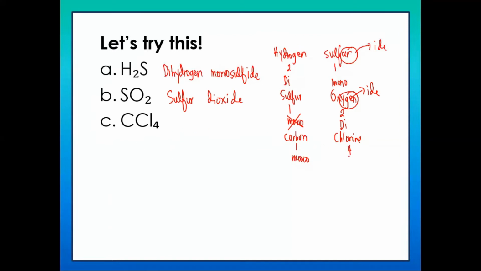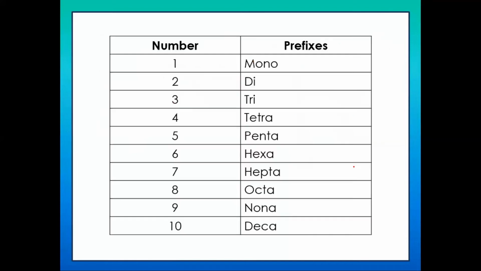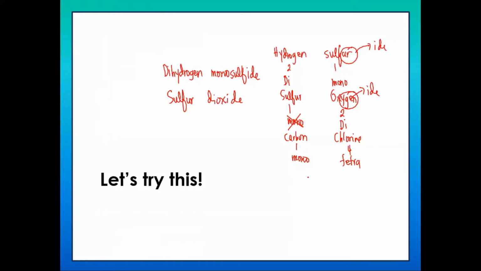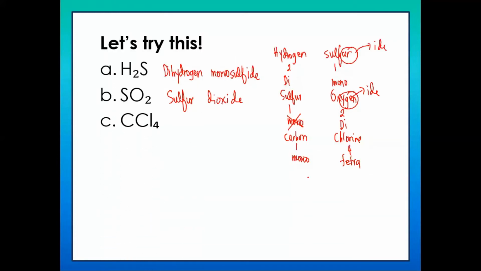So 4 is tetra. We're going to revisit again the table, which is this one. So 4 is tetra. And please, class, screenshot this particular slide so that you can have a copy for the prefixes.